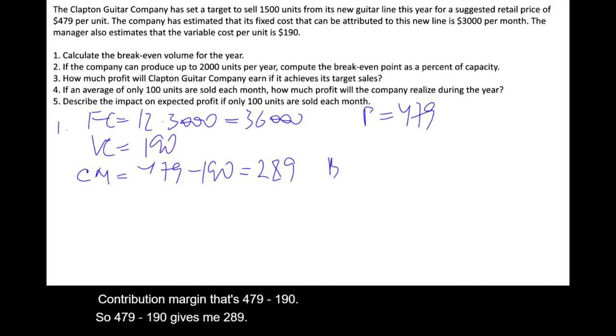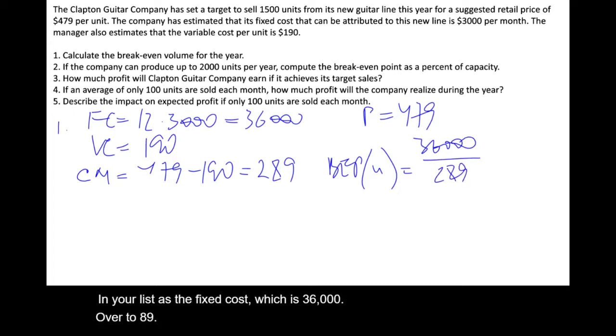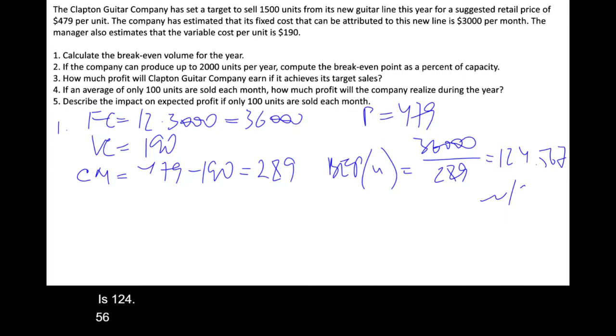And then break-even point in units, that's the fixed cost, which is 36,000 over 289, which is 124.567. Usually we round up, 125. That's it. Okay.